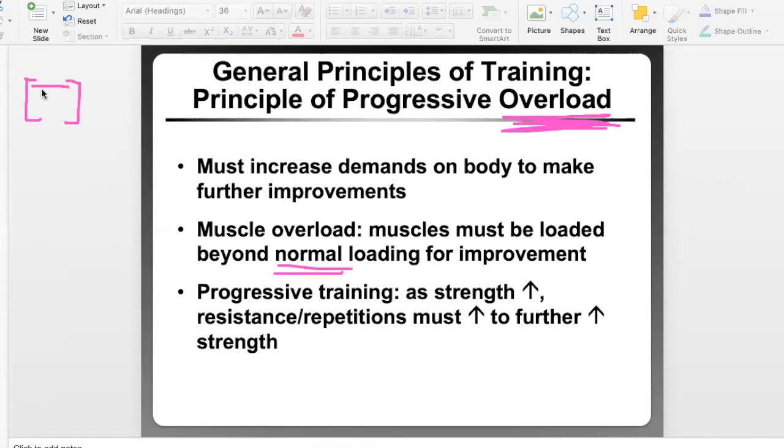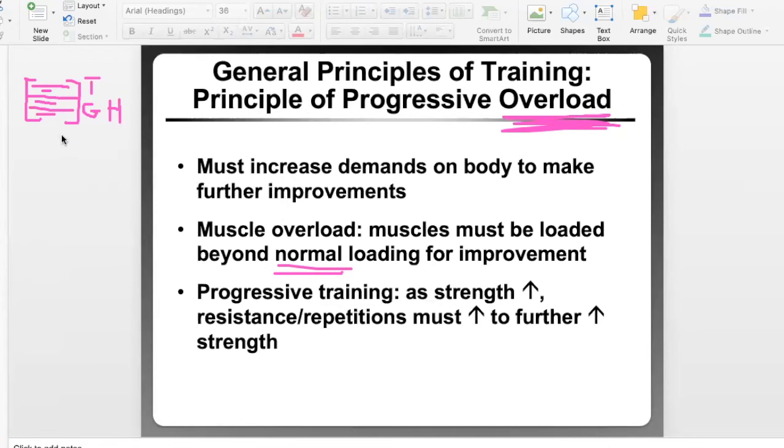And if the Z discs aren't broken down, then there's not going to be any need for your endocrine system to send testosterone and growth hormone to those muscle fibers in order to create protein synthesis.